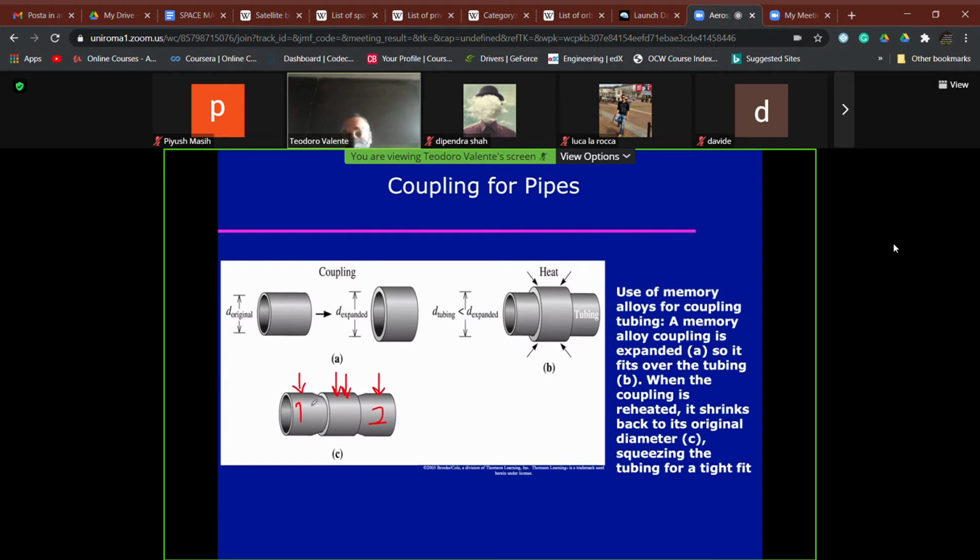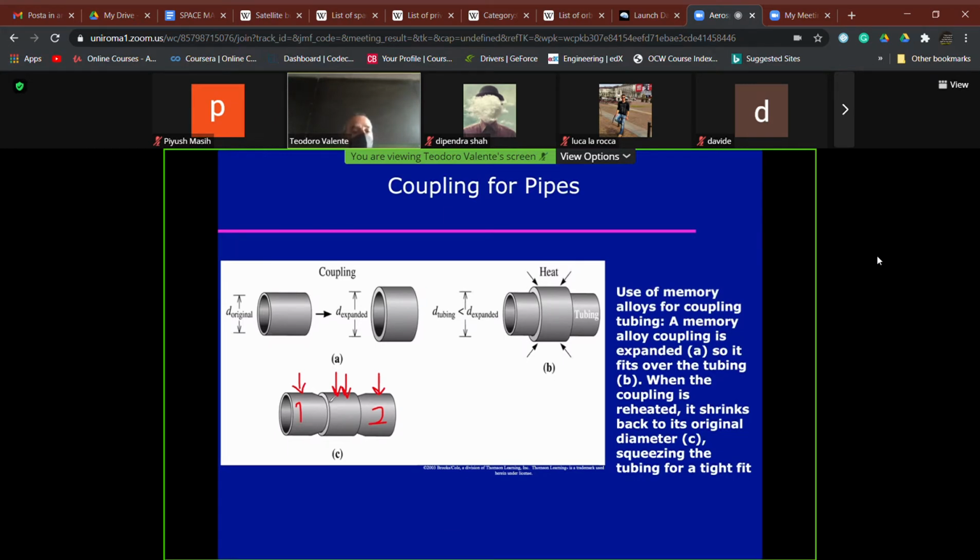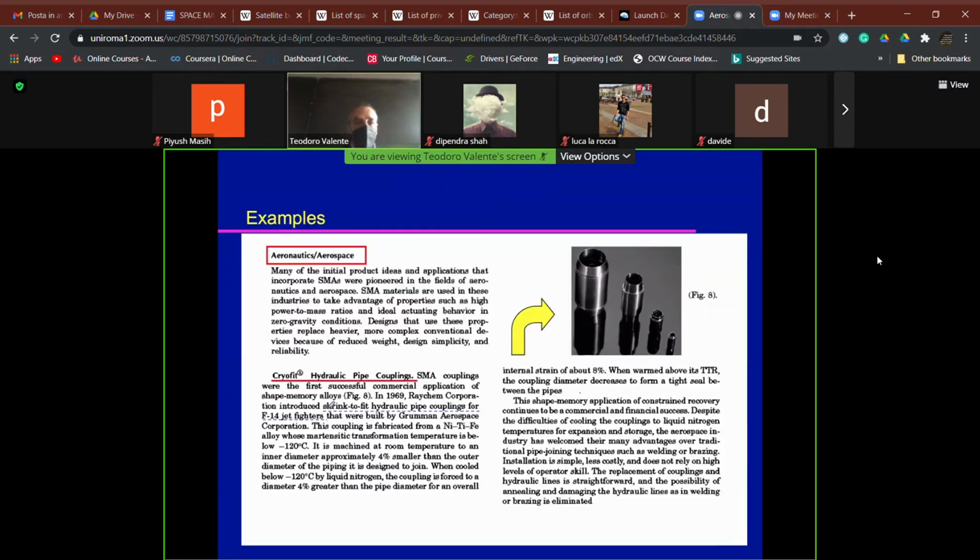We can also define, according to the final inner diameter of the ring, how much the compressive stress is. We can calculate that, and so we are in a condition to design a treatment and a solution, in this case for coupling without any welding.